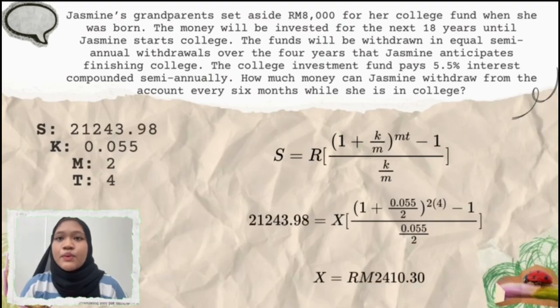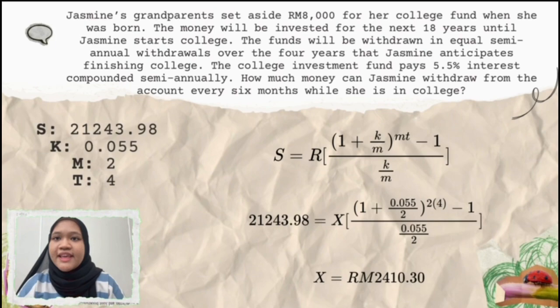Next, for this question, we will use the annuity formula to find R. S equal to R open bracket 1 plus K over M close bracket power MT minus 1 over K over M close bracket. The S for this question is 21243.98, K is 0.055, M is 2, and T is 4.